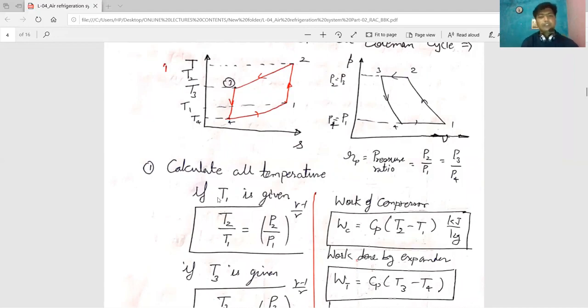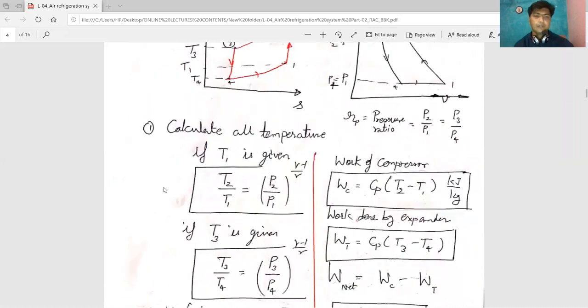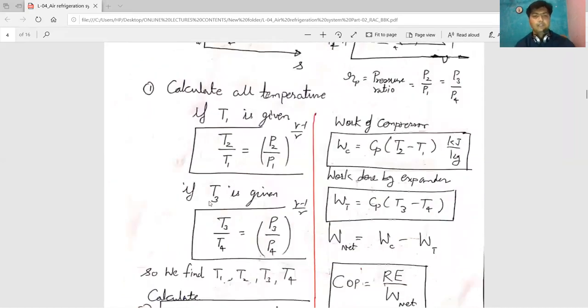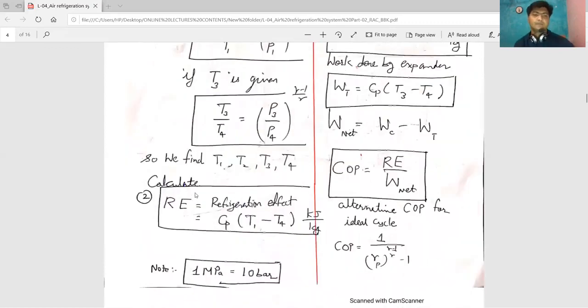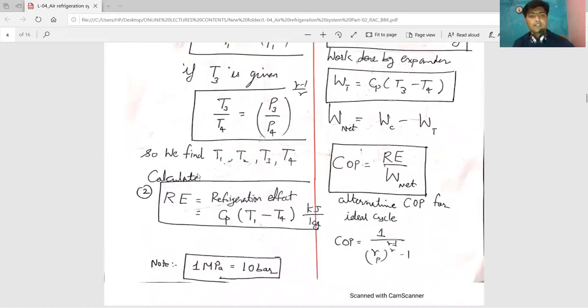If we know T1, we calculate T2. If we know the temperature T3 after the cooler, then we calculate T4 using the same formula for the isentropic expansion process 3 to 4. So first we calculate T1, T2, T3, T4.